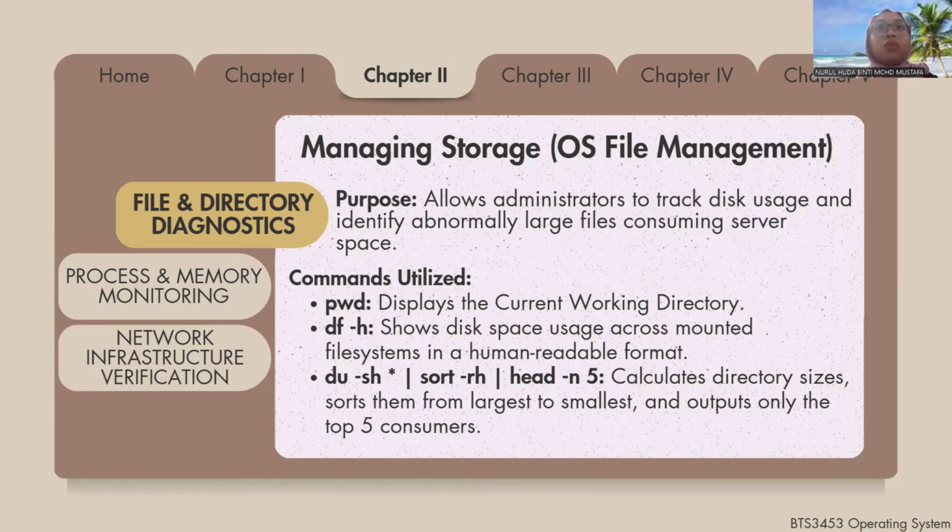The commands we utilize are pwd, which displays the current working directory; df -h, which shows disk space usage across mounted file systems in a human readable format; and du -sh * | sort -rh | head -n 5, which calculates directory size, sorts them from largest to smallest, and outputs only the top 5 consumers.